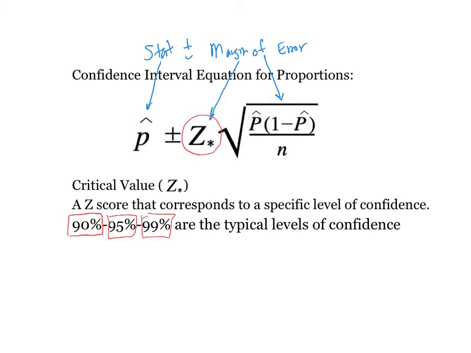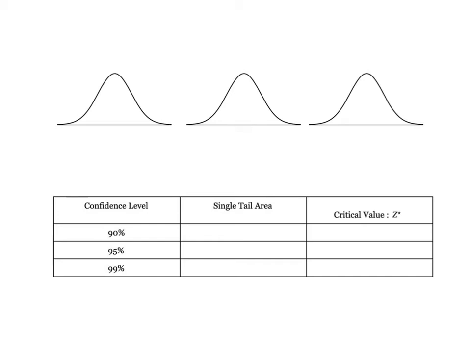In theory, we could find any level of confidence we want, but those are the three main ones, and the three we'll be using most often in class. So finding the z-score for these is what lets us fill in that part of the equation, and that'll be our first step in the process.